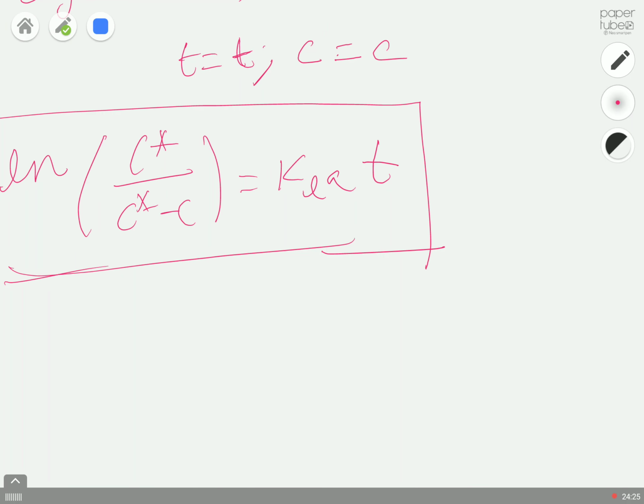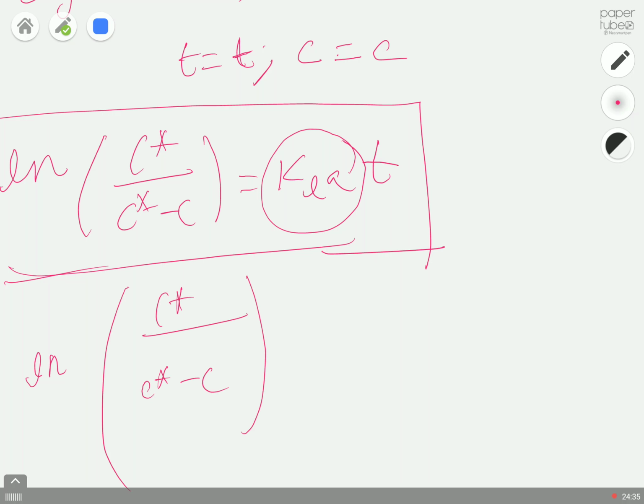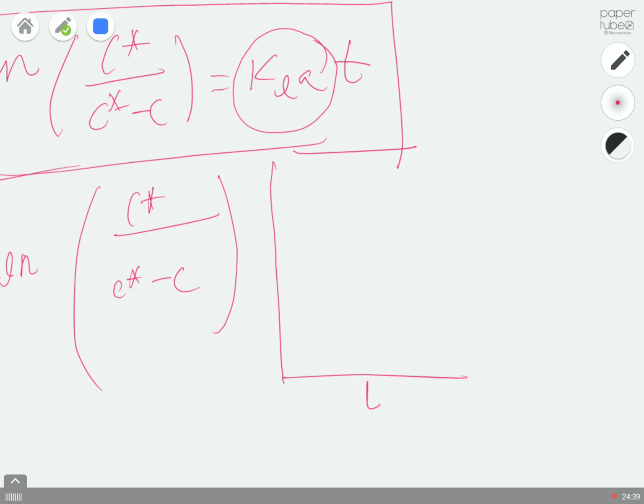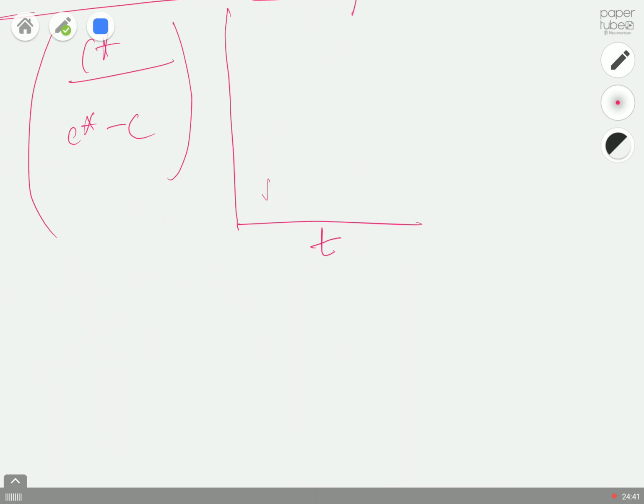So normally how to calculate this KLA value? Normally what we do is ln of C star by C star minus C. We take that on the y-axis and plot it against time on the x-axis. You will get some points like that.